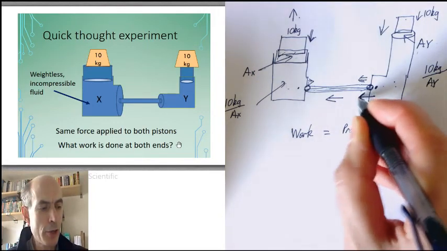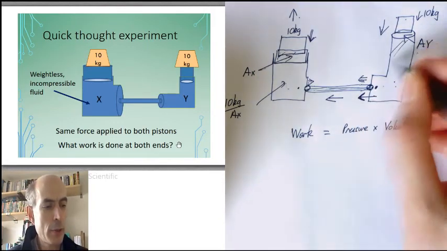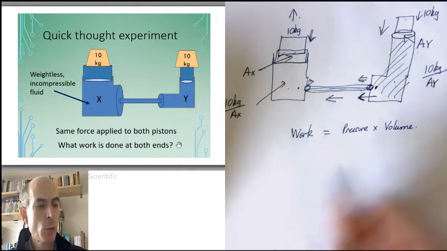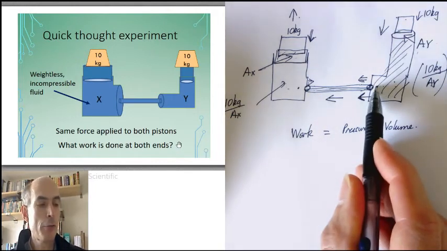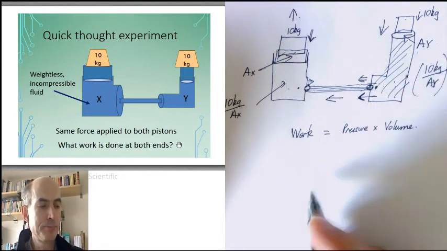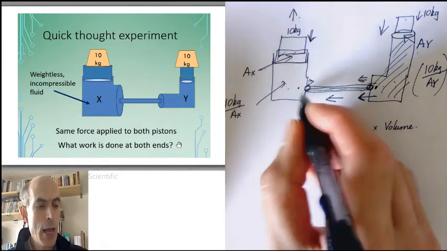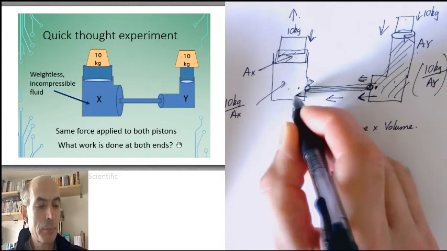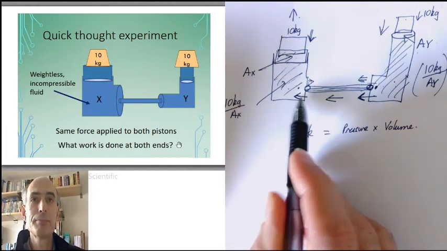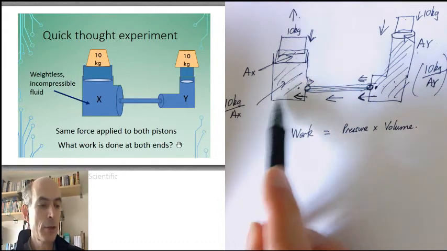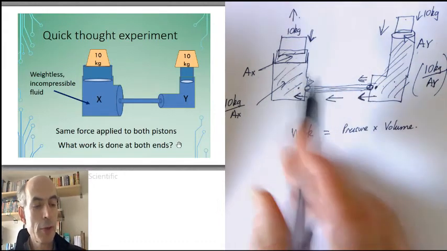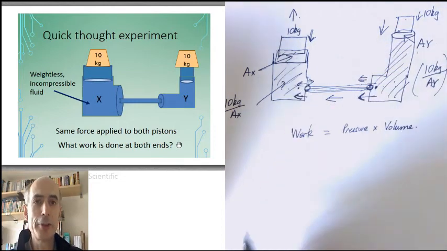The work done by the fluid in this cylinder will be the pressure at this point here multiplied by the volume of the fluid that has left this cylinder. The energy that is gained by this part of the cylinder will be the pressure in this part of the cylinder times the volume of the fluid that has entered this cylinder.